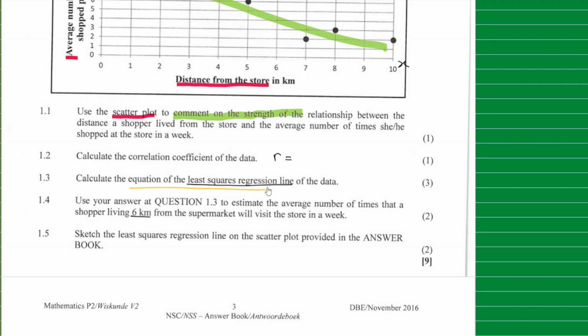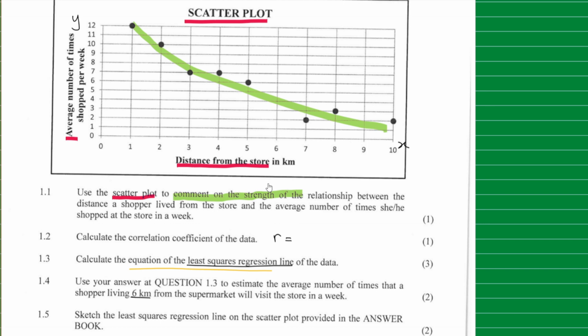Now, a least squares regression line is a line that is used to show the general trend which a set of data follows. So we use this line to show us a general trend. A trend is just a pattern.